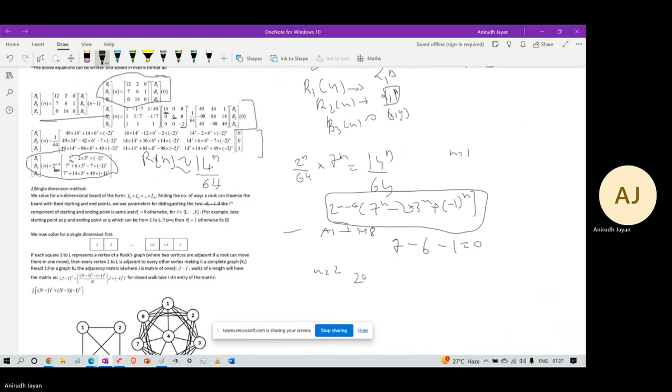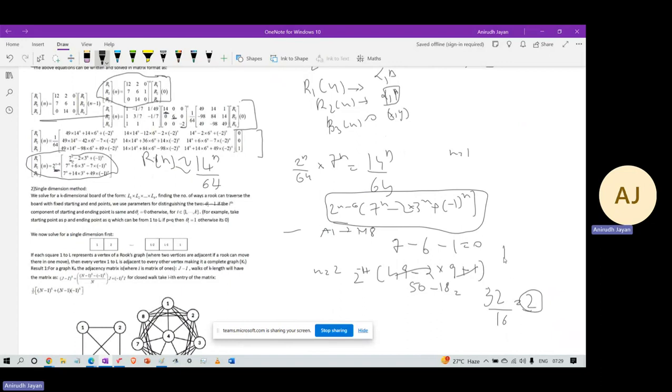You get 2 to the power minus 4 times 49 minus 2 into 9 plus 1. 50 minus 18, which is 32. 32 by 16 is 2.